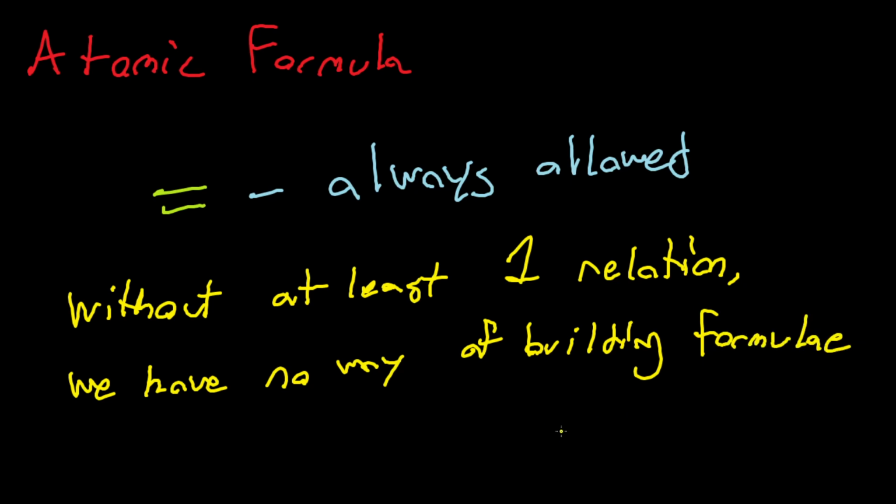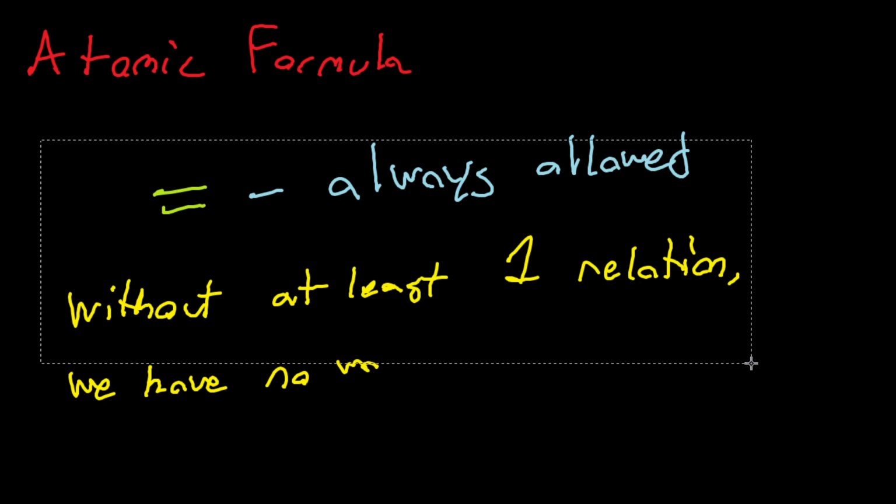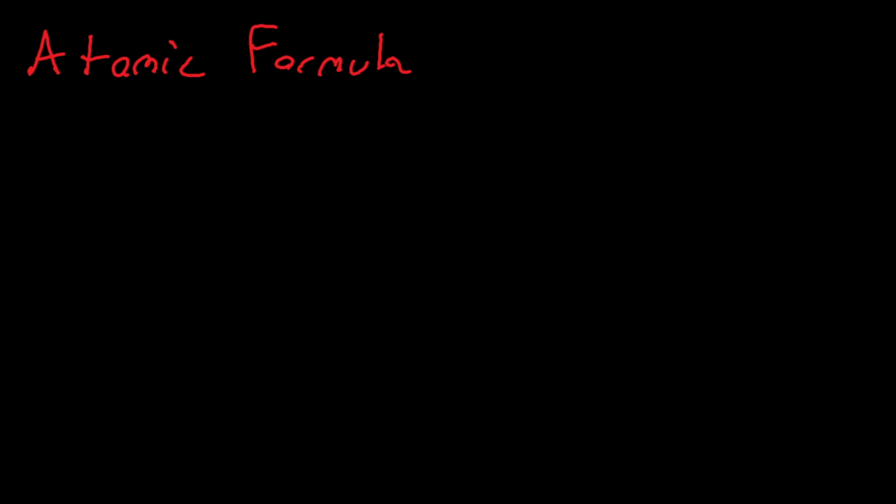So we'll agree that equals is a symbol that we all know what it means. So I'm always allowed to use equals, and that way, if you gave me, for instance, my script L to be the empty set, I can still use equals, and thus I can still use that relation to build formula.